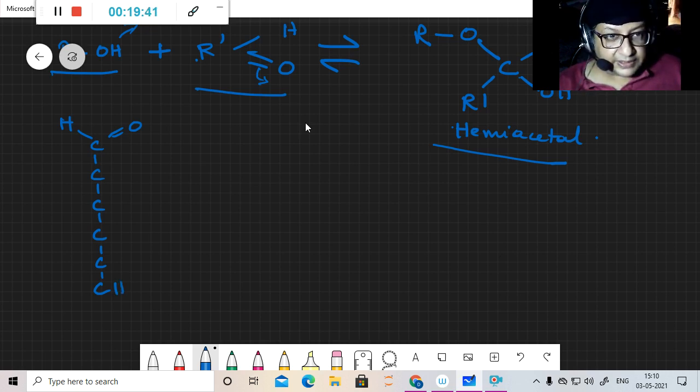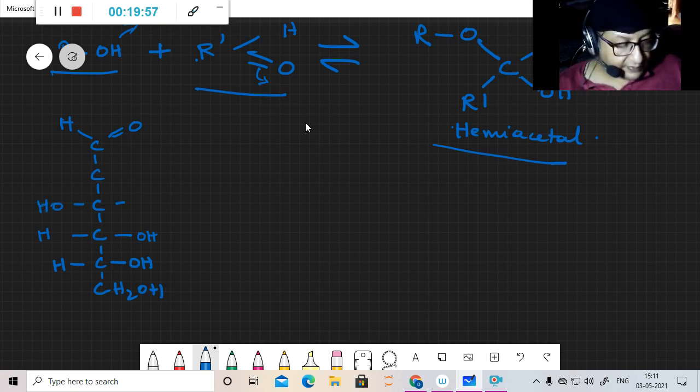This is a CH2OH group. You draw it like this. So this is D-glucose, which you are drawing in a Fischer projection.